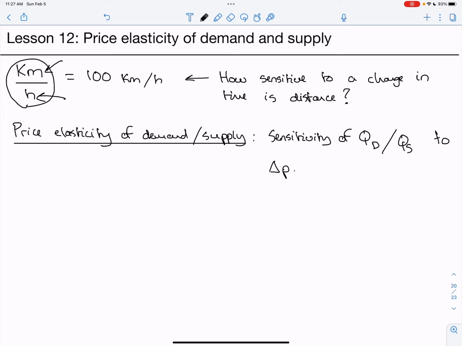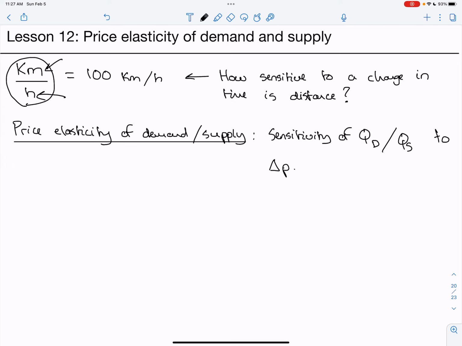Now how would we measure this, according to our definition? Well, again, we want to know how sensitive quantity demanded is to a change in price. So that would put change in price on the bottom. Again, in our first example, we had how sensitive to a change in time is distance, so distance is the thing that goes on the top, and time is the thing that goes on the bottom.